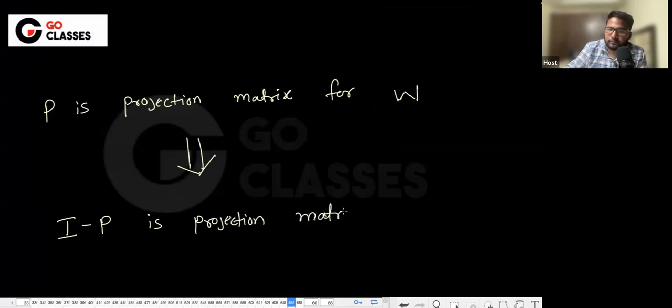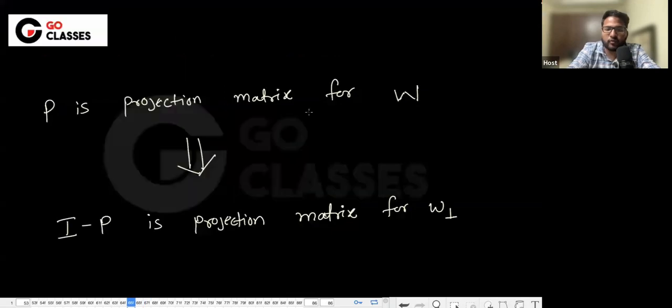If P is the projection matrix for W, then it automatically means that I minus P is the projection matrix for W orthogonal. Is this fine? Great. This is one small fact that I'd like to share.